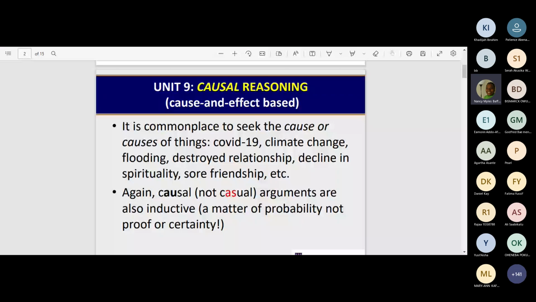So we may argue to show certain possible causes, like when we get to J.S. Mill, but it doesn't mean that it is necessarily 100% the cause, because the reasoning is inductive. We may never know the full, absolute, true cause of something.